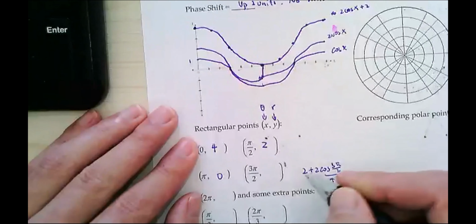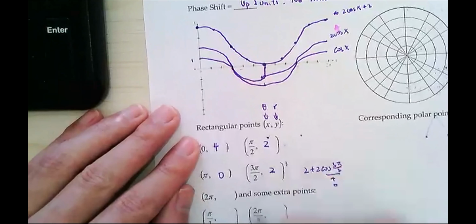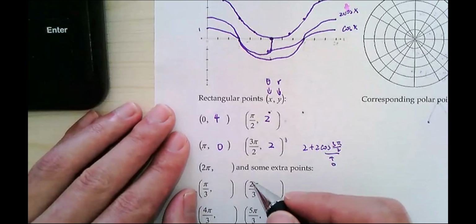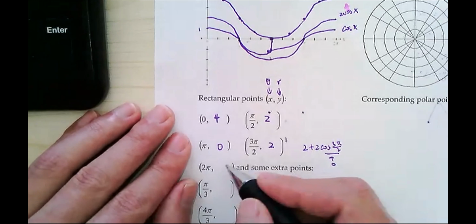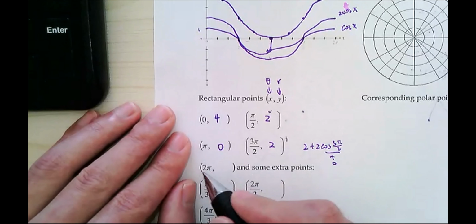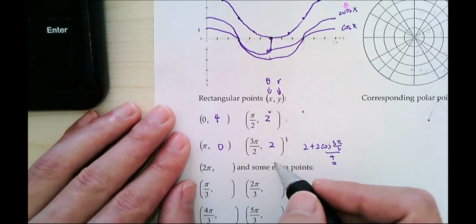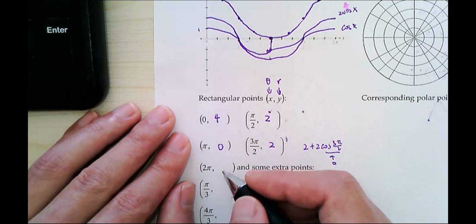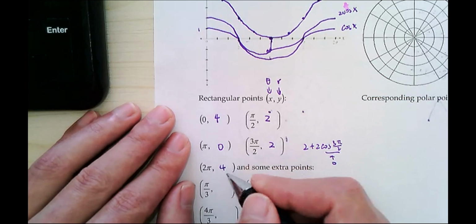This is 0. So it's 2 plus 0, which is 2 again, right? Yeah. Thank you. What is 2 plus 2 cosine 2 pi? Cosine 2 pi is, I'm sorry, cosine 2 pi is 1. So this is 2 plus 2, which is 4. Okay?